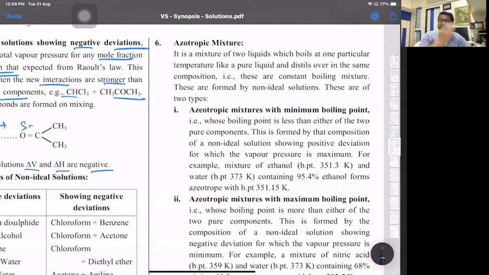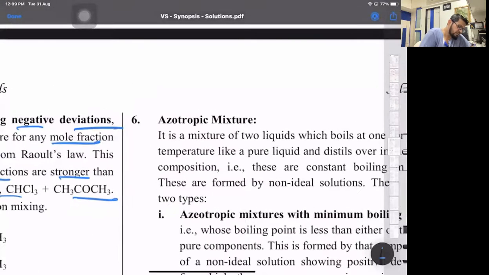Azeotropic mixtures. What are azeotropic mixtures? You mix two compounds in a definite proportion by weight such that they have a constant boiling point. Then those are called azeotropic mixtures.